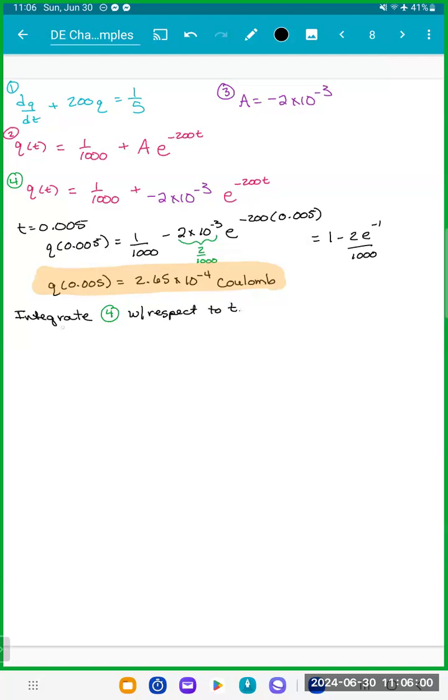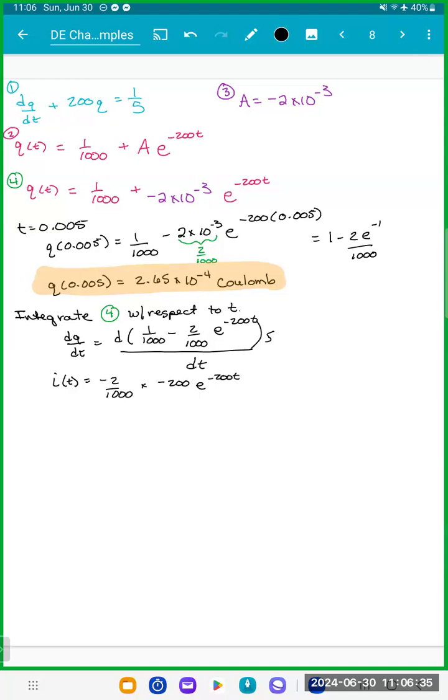Okay. And we get dq/dt is equal to the integral of 1 over 1,000 minus 2 over 1,000 times e to the negative 200t dt. Okay. And so our I of t is equal to negative 2 over 1,000 times negative 200 e to the negative 200t.